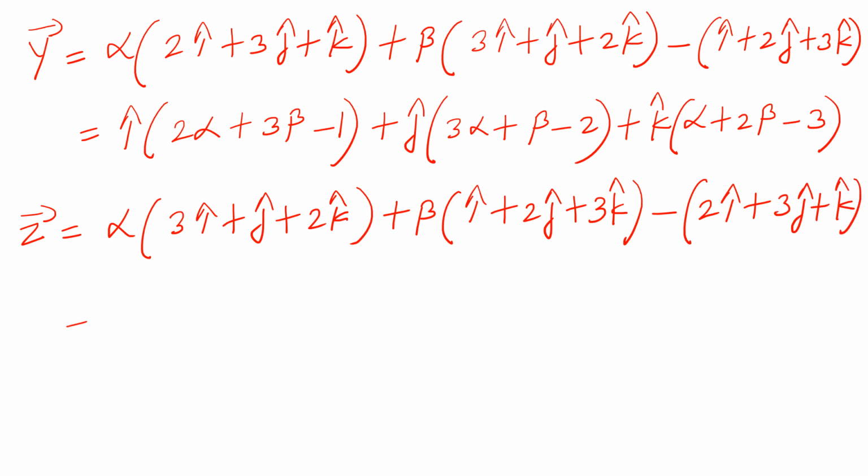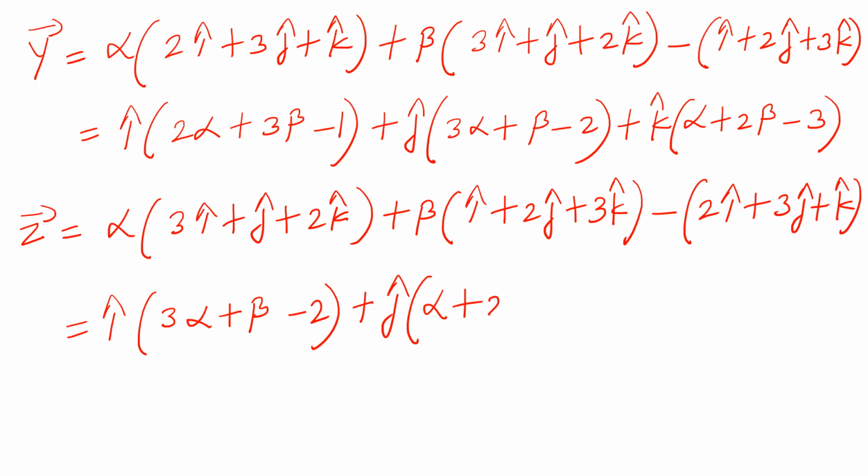Now this can further be written as i into (3 alpha + beta - 2) plus j into (alpha + 2 beta - 3) plus k into (2 alpha + 3 beta - 1).